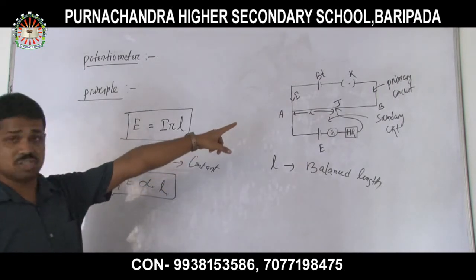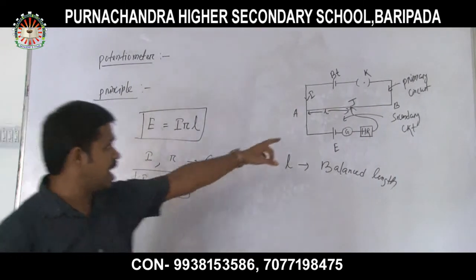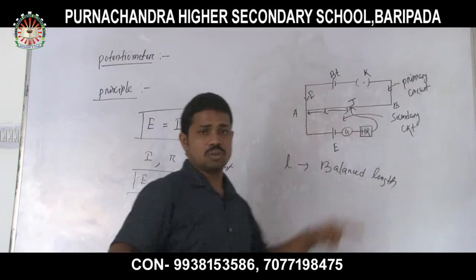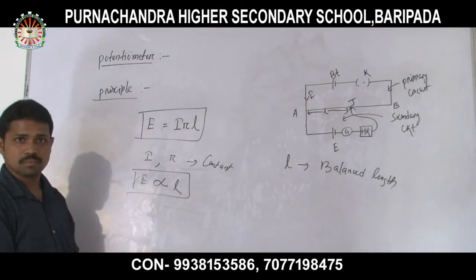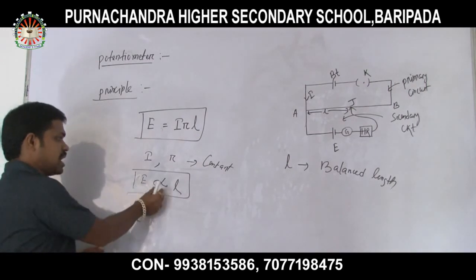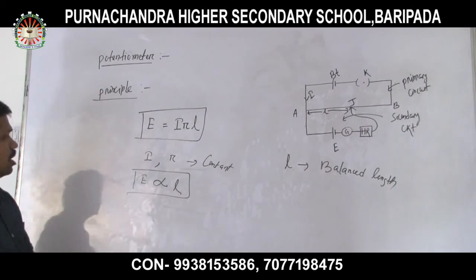We will get the balanced length by adjusting the jockey, that is the moving switch J. So by adjusting this J, we will get the balanced length. So E is directly proportional to L. That is the principle of your potentiometer.